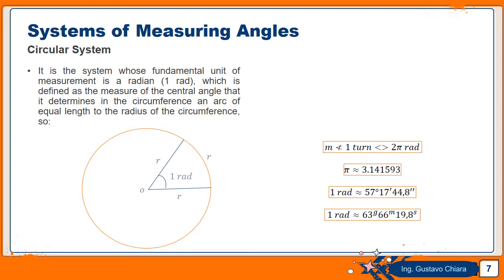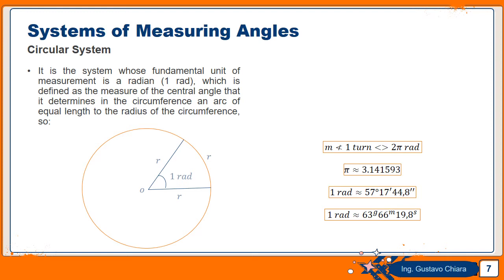So the angle that is formed has the measure of 1 radian. It means that the measure of one turn is equivalent to 2π radians. And remember that the value of π is approximately 3.141593.